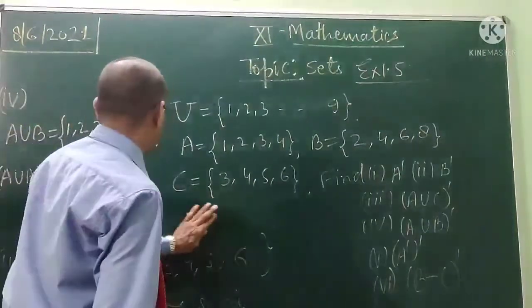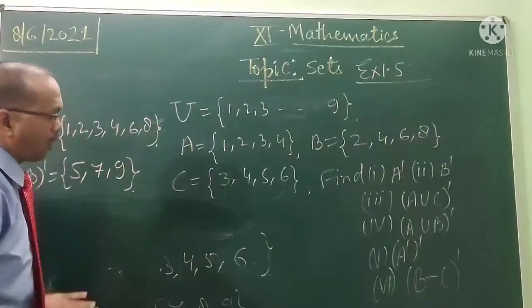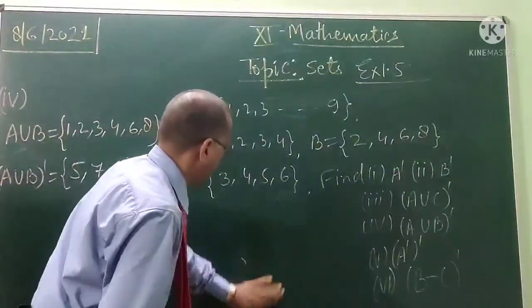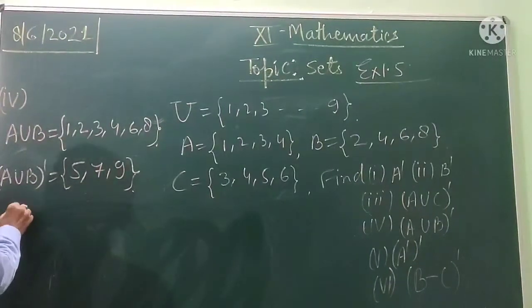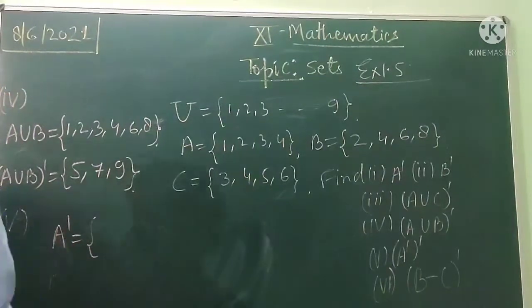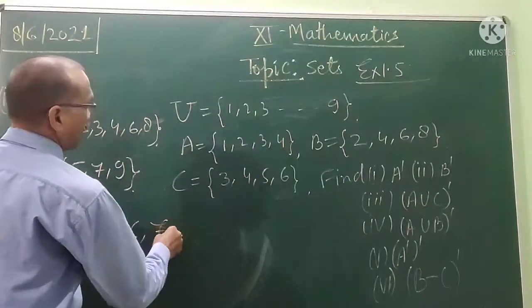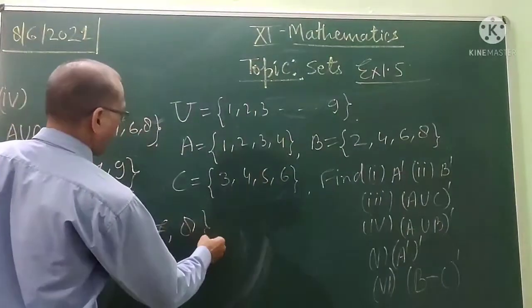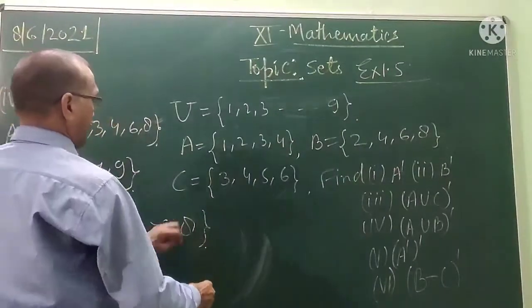Now let us find the complement of the complement. So what is A complement? A complement is 5, 6, 7, 8 and 9. The universal set is 1, 2, 3, 4, 5, 6, 7, 8 and 9.